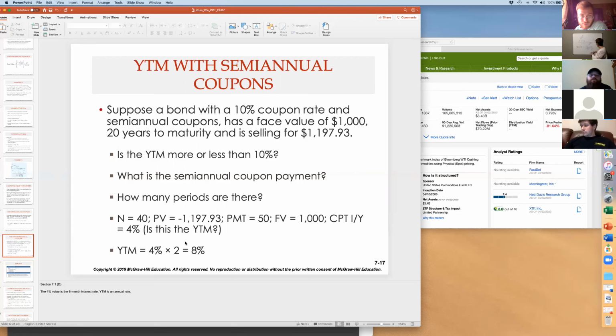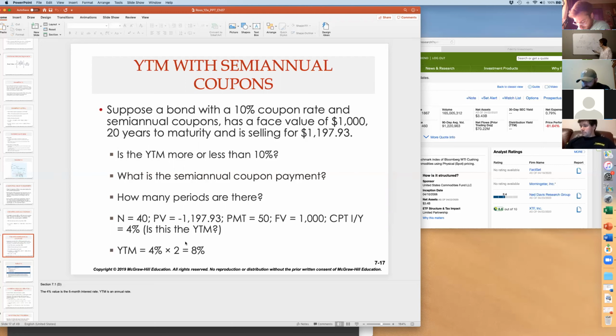Okay, so since it's 20 years to maturity, that's 40 semi-annual periods. All right, and so we'll be getting 40 coupons and then $1,000 par value at the maturity date.